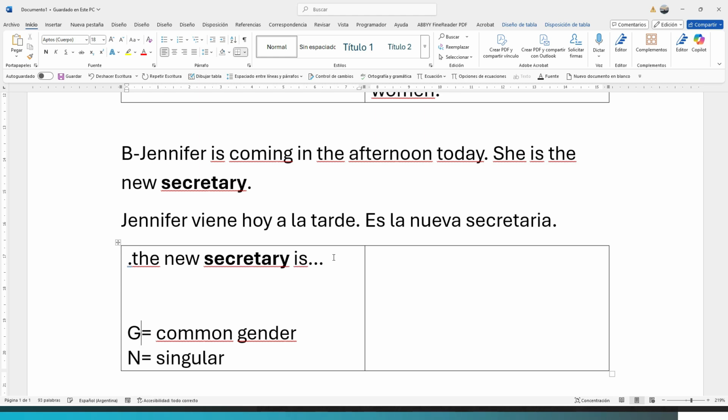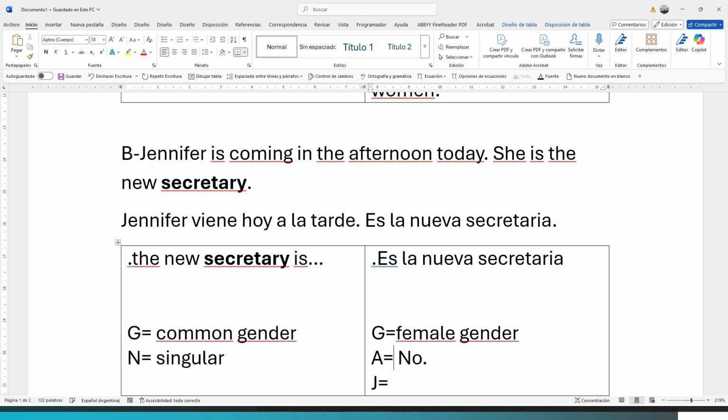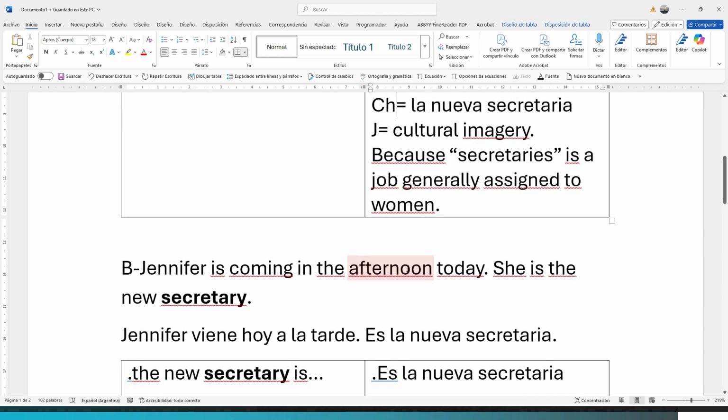The new secretary, common gender, singular number. Okay, what about in Spanish? Es la nueva secretaria. Gender, female gender in Spanish. Why? We have ambiguity. No. Why? Justification. We are not going to include choice because we do not have ambiguous meaning in Spanish.